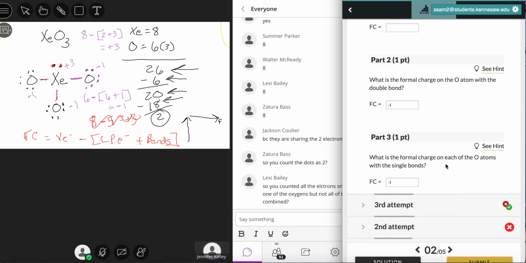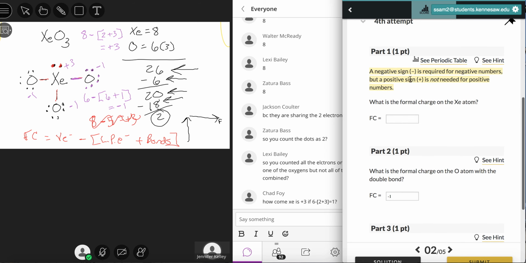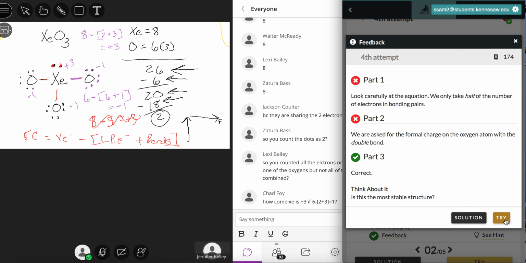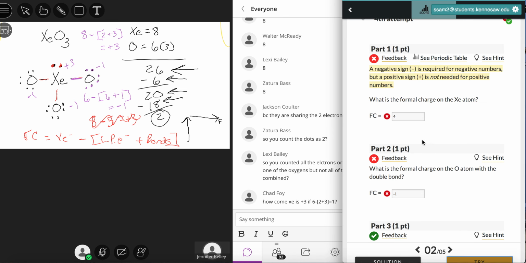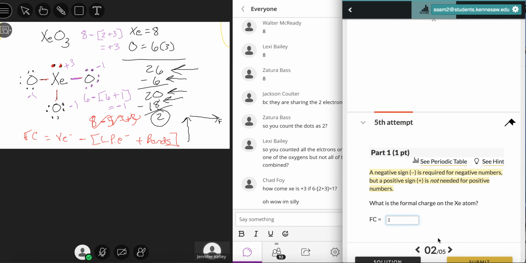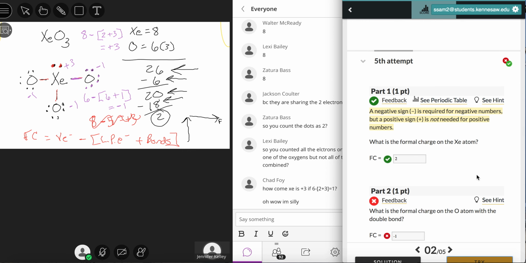But oxygen is not the least electronegative, so it's just not going to go in the middle generally. Xenon is +3 because xenon has 8, so it'll be 8 minus 2 plus 3. That's a good question though, Chad. Yeah, oxygen is 6 and xenon is 8.